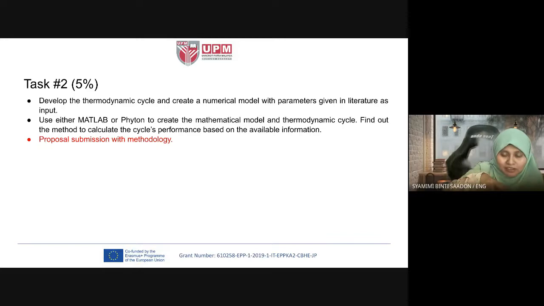Build the mathematical model using MATLAB or Python or any other computer programming software that you are familiar with.